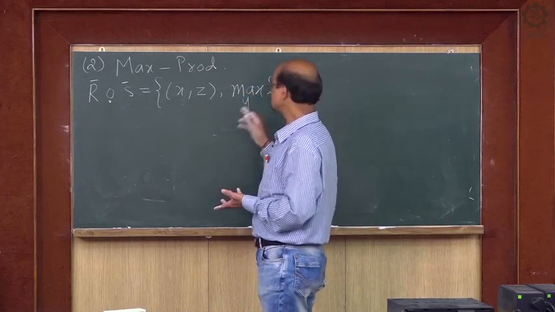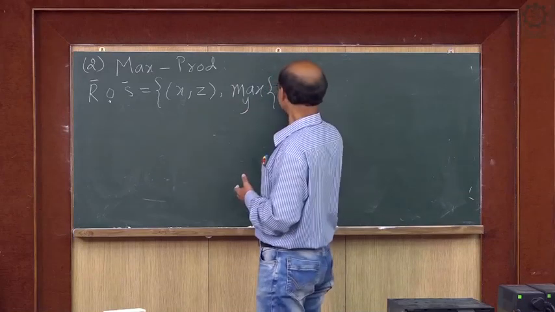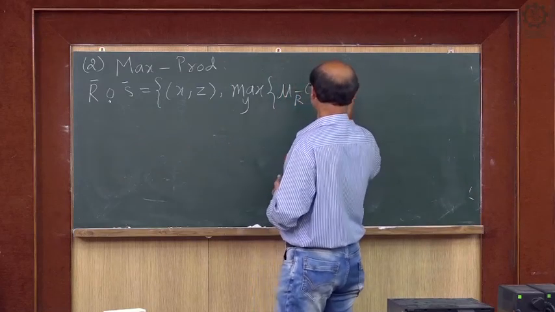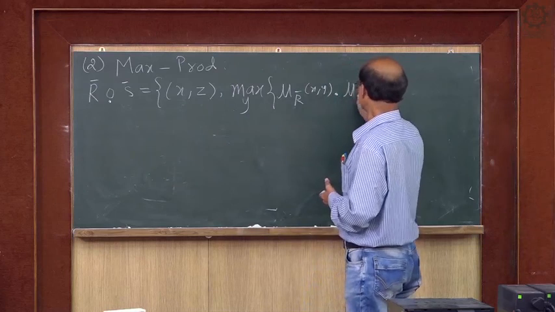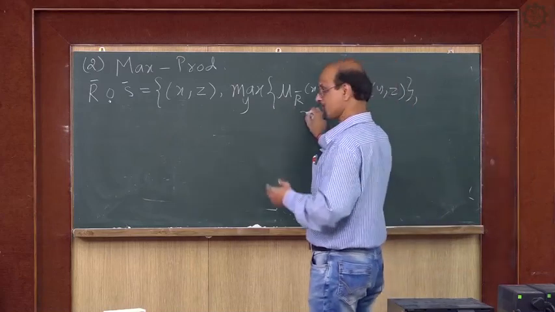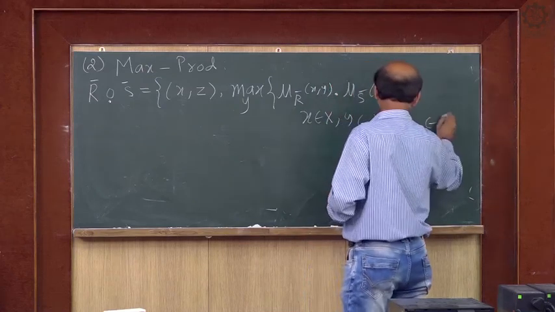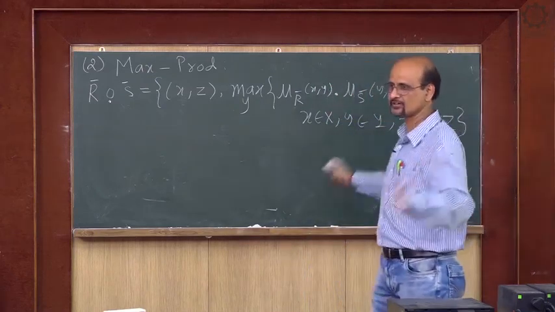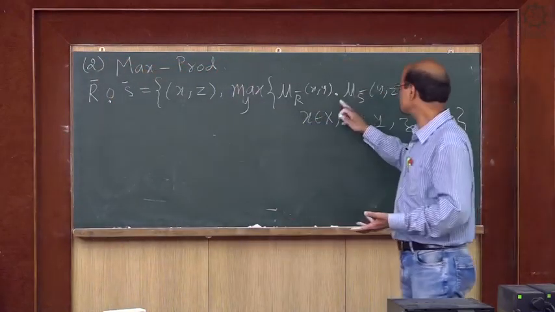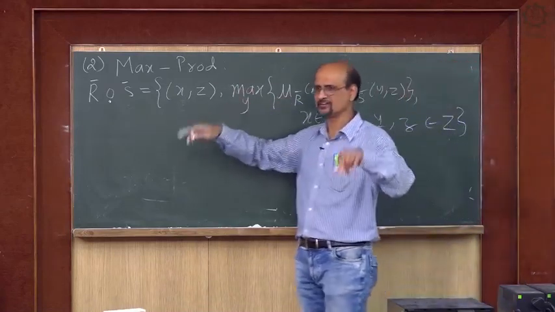There it was minimum, so I took minimum, max-min, here max product. So, product means mu R bar(x, y) dot, dot means product, mu S bar(y, z). Okay? And I should write there, I forgot to write, x belongs to X, y belongs to Y, and z belongs to Z. This one should be written for completeness. Okay? So, this is the same, you have R, you have S, there we are taking minimum, here product, then take the maximum, you will get the relation.